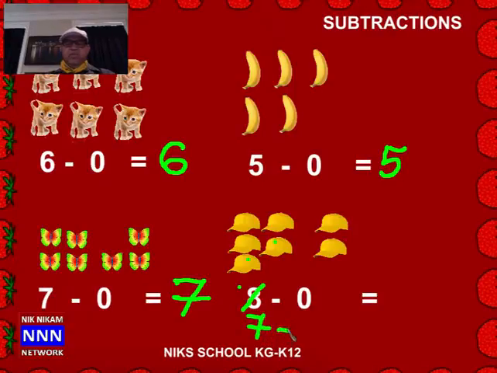Okay, we have 7 minus 0, which is equal to 7. Okay, that is all about subtractions.